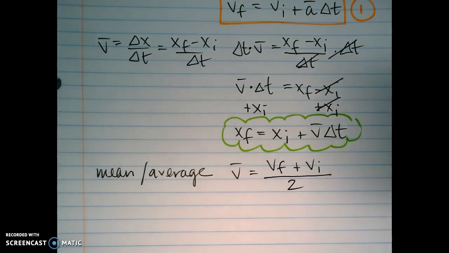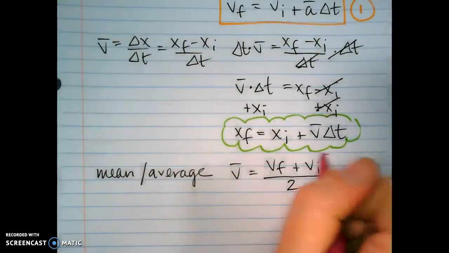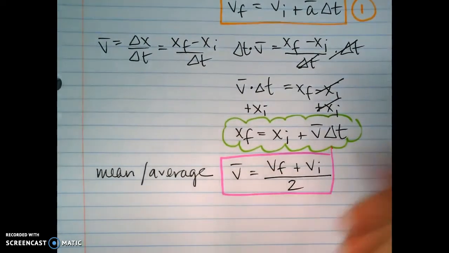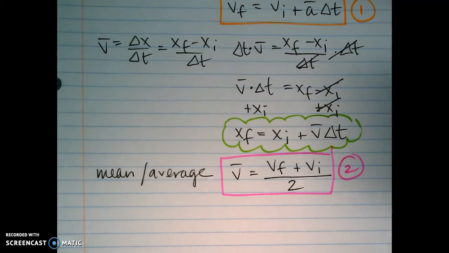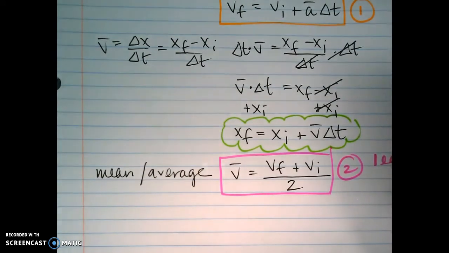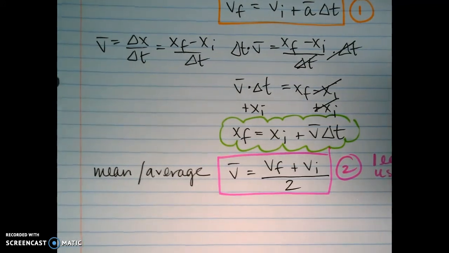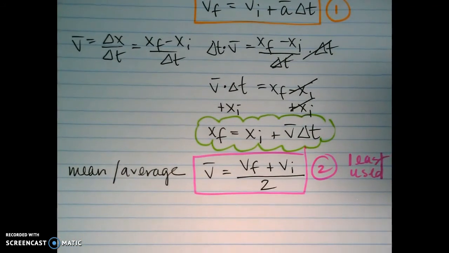So go ahead and put a box around this equation. This is the second kinematics equation, or UAM equation, that we're going to use. I told you in class today this is the least used in my opinion. It's an essential equation to completing our algebra.